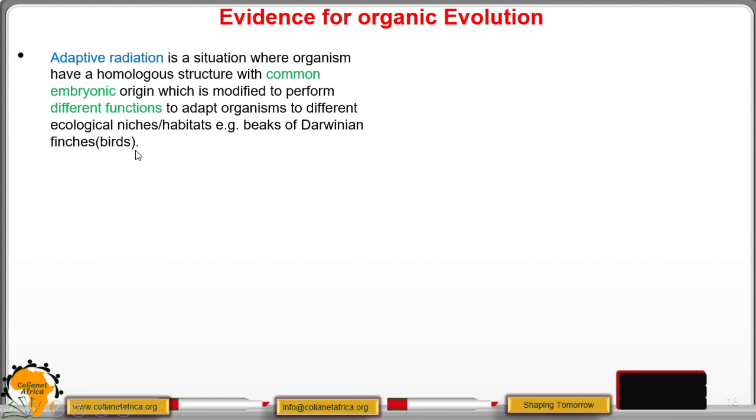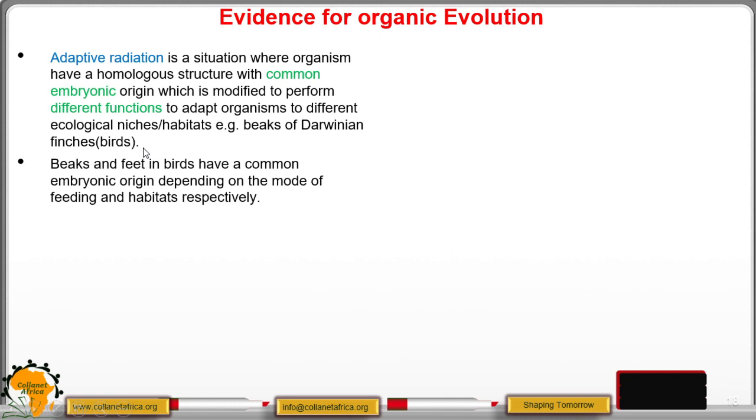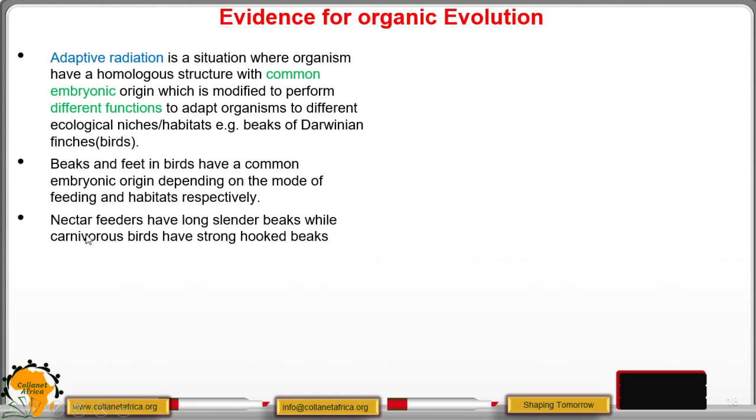These are birds which used to occupy the Galapagos islands. Beaks and feet in these birds have common embryonic origin, modified depending on the mode of feeding and habitats respectively. Nectar feeders have long slender beaks, while carnivorous birds have strong hooked beaks.